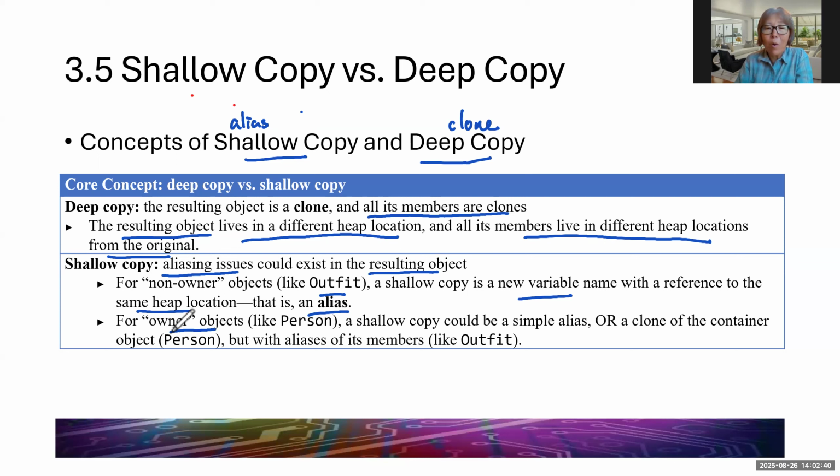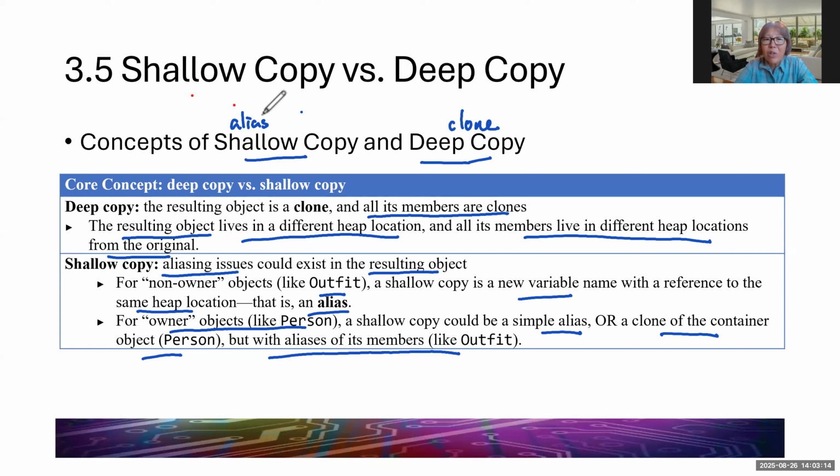For an owner object, like a person, a shallow copy could be just a simple alias or a clone of the container object, but with aliases to the members. So the person may be a deep copy, but the outfit is still an alias, a shallow copy. So that's what is involved with shallow copy.